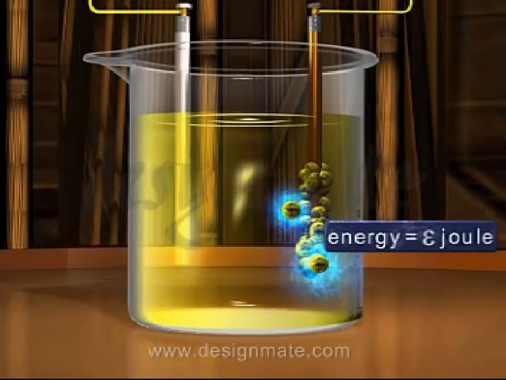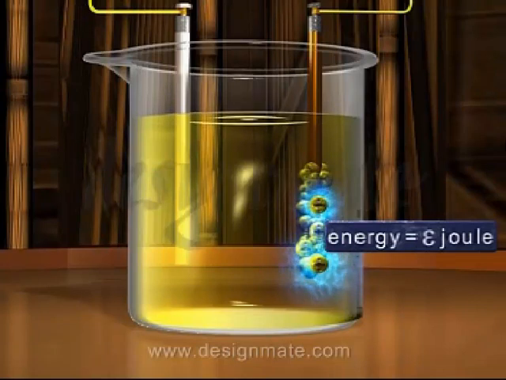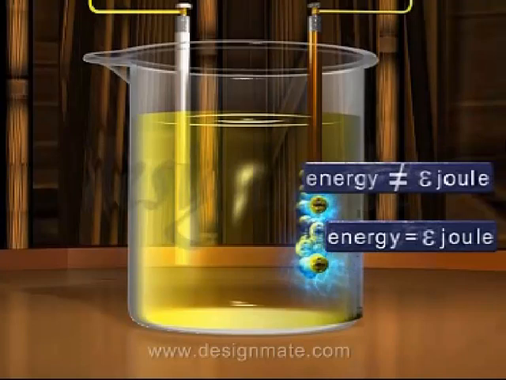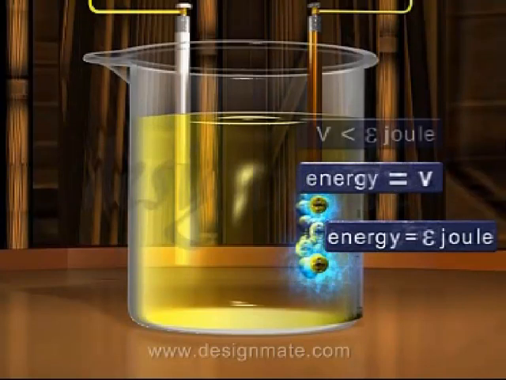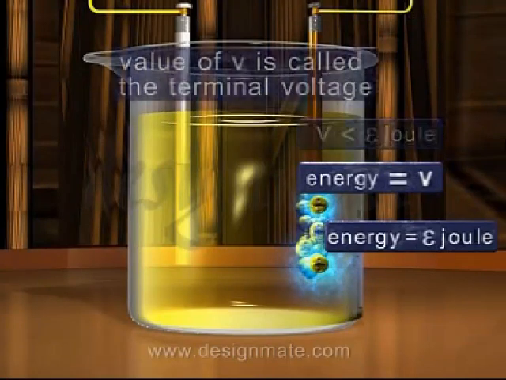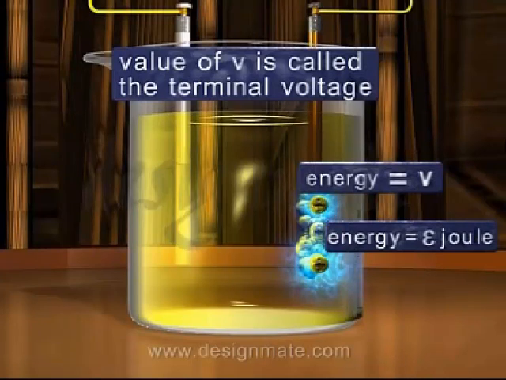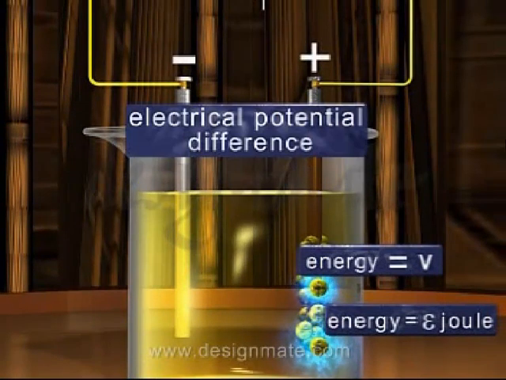Thus, when a unit positive charge reaches the positive pole of the battery, it no longer has the energy epsilon joule, but has a value V, which is less than epsilon joule.